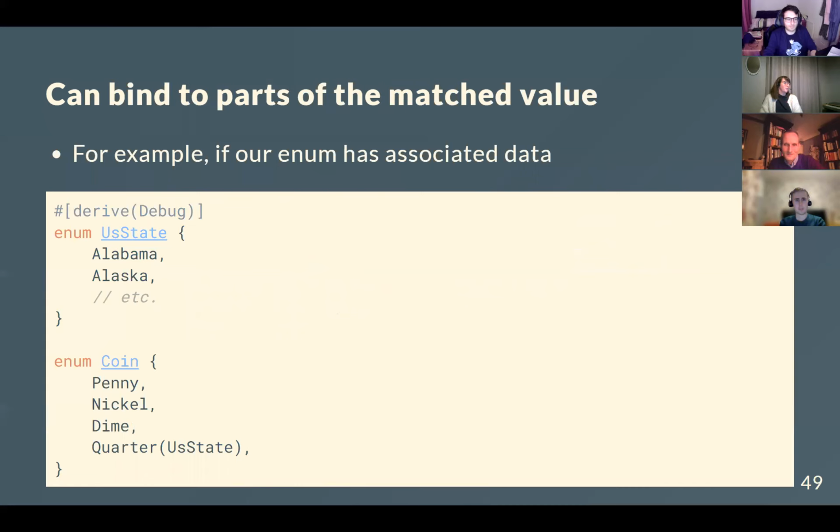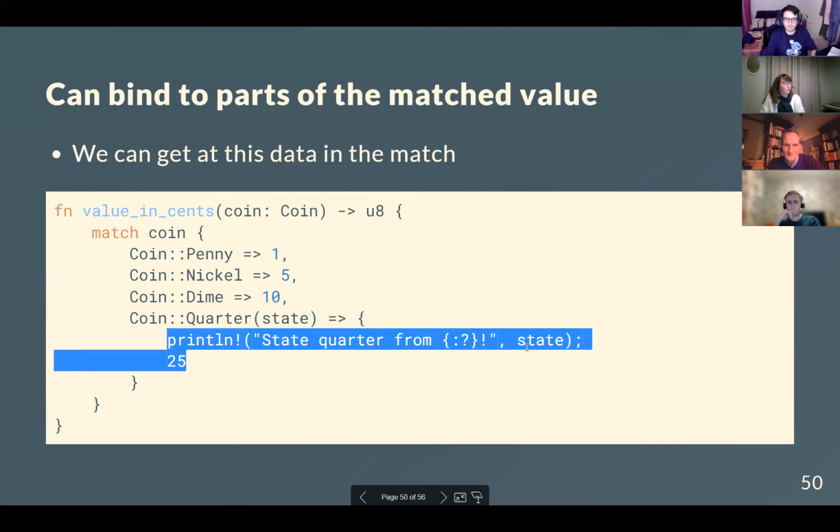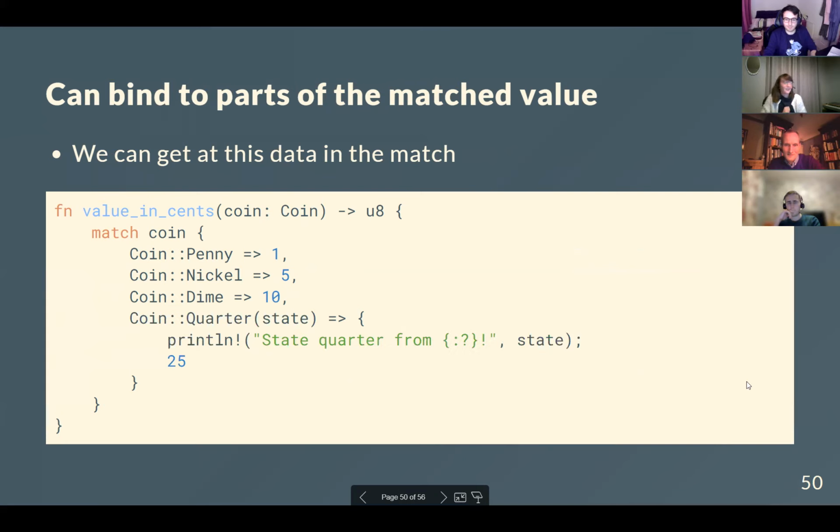You can also bind to parts of the match value. So in the example they give of an enum where on the quarter they store which US state is on the quarter, it's a fairly arbitrary example, you can extract the state from this match statement, and that way you can print the state, which is quite cool. It's pretty flexible.